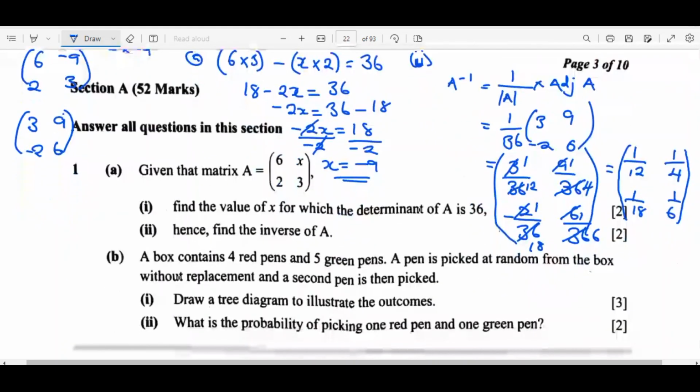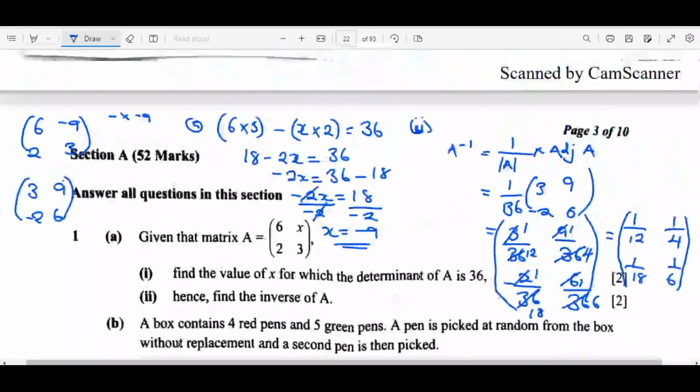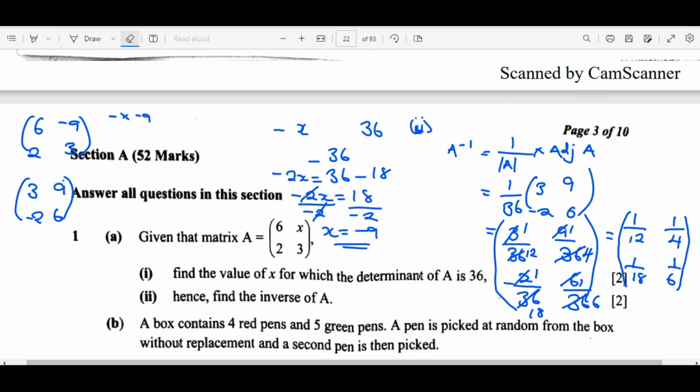So we can go to the second one. Because we don't have enough space, we're going to create space here so that we look at the question. Now let us read the question. A box contains 4 red pens and 5 green pens.